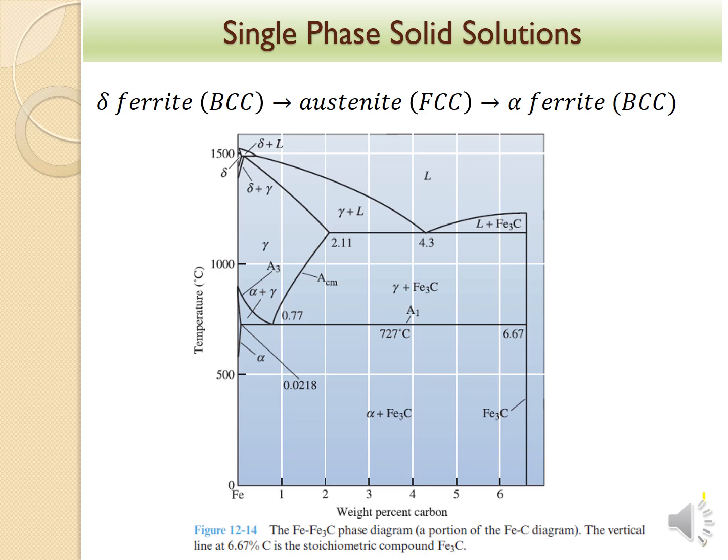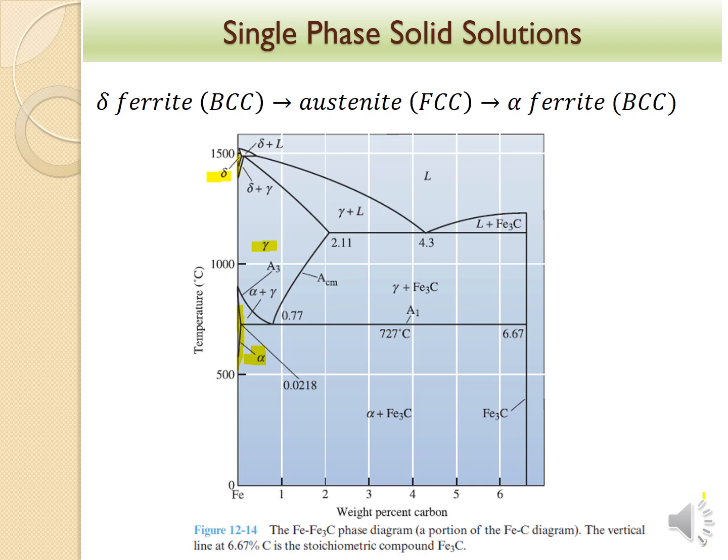So on the phase diagram, you can see here, there's a tiny region here labeled as delta, and below it, there is one single solid phase that's called gamma, and lower down, there's another single solid solution phase, which is labeled as alpha. Iron goes through two allotropic transformations during heating or cooling. So on cooling, first we have liquid, right?